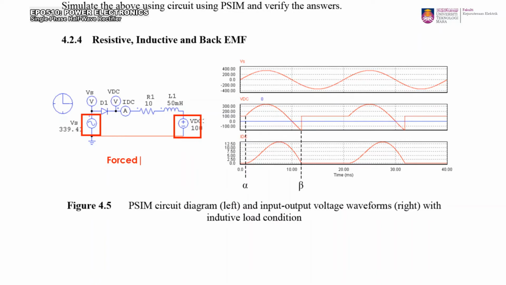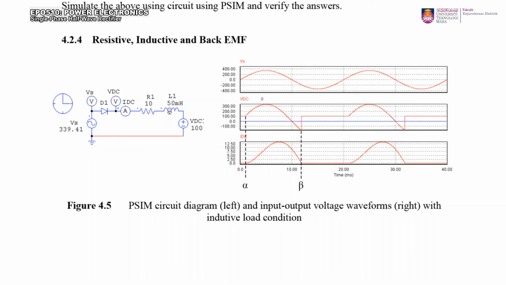The other current is due to the natural response of the circuit, which means it is only contributed by this inductor. Natural response is where the supply voltage and the back EMF are deactivated, so you short circuit the supply voltage and then look at the current.